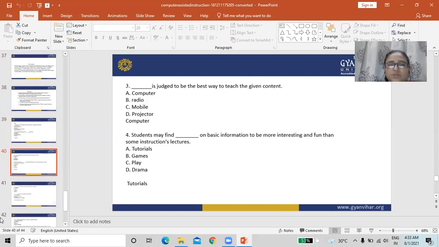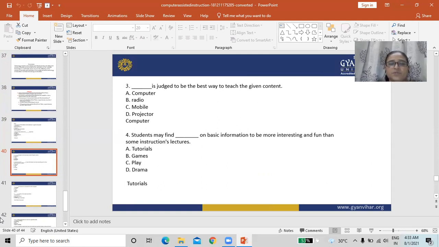Next MCQ. Blank is judged to be the best way to teach the given content. Option A computer, option B radio, option C mobile, option D projector. Correct answer is computer.